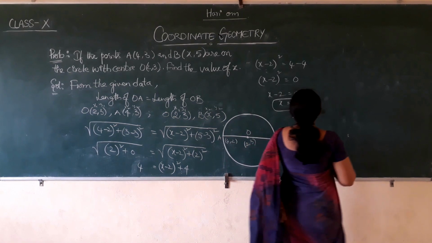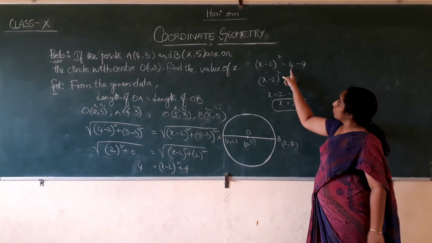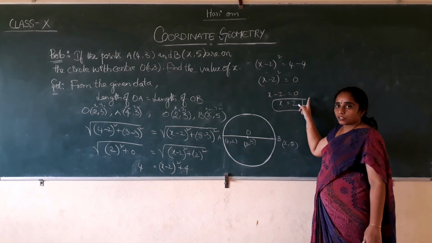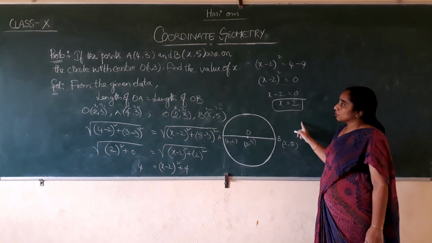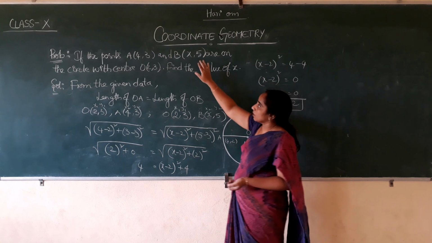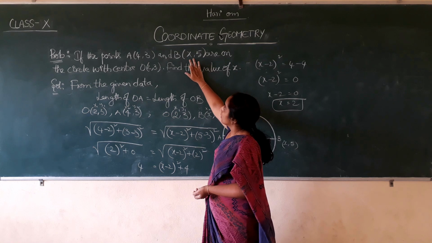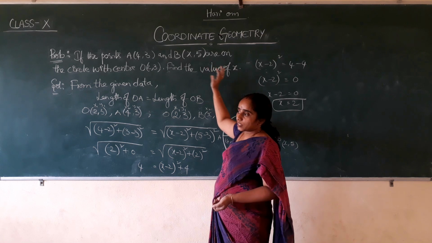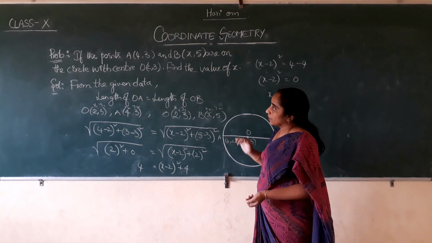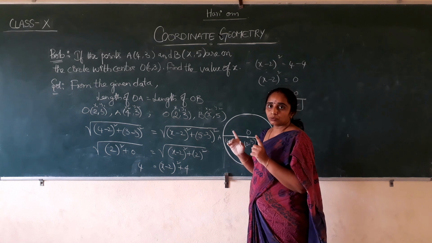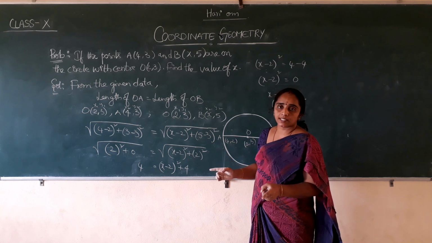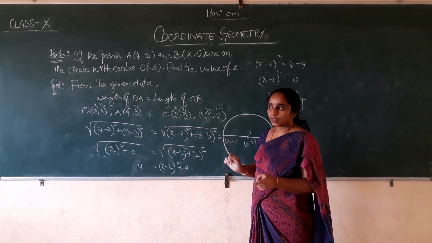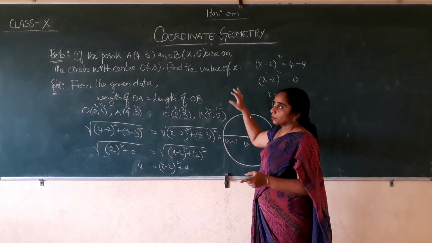Now x minus 2 whole square is equal to 4 minus 4, it is 0. Now x minus 2 equals 0, x is equal to 2. So in this B point, x is 2, so B is (2, 5). So this is how, when any one coordinate of the two coordinates of a line segment is missing, we find out the missing coordinate.